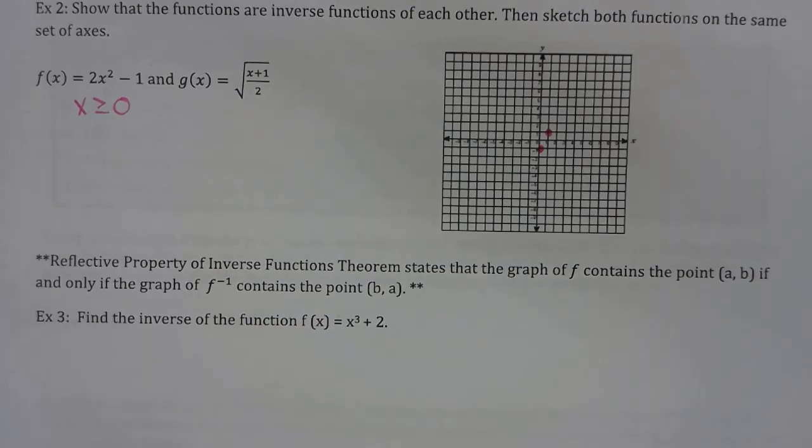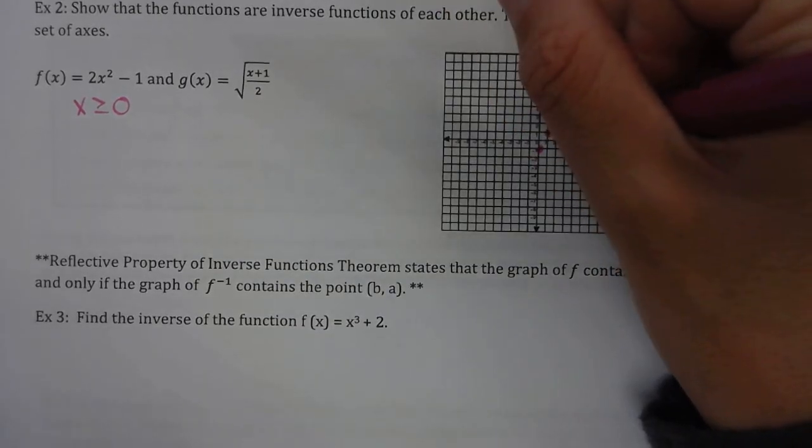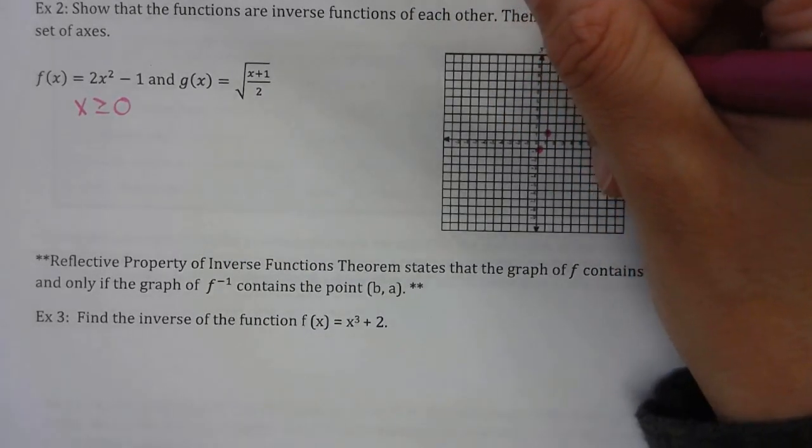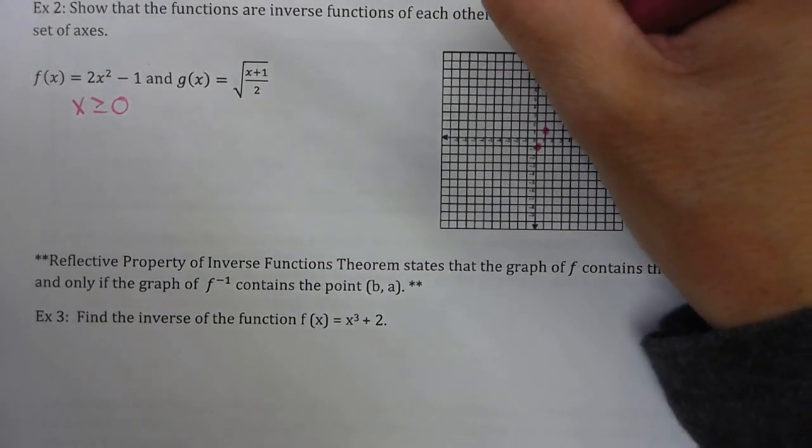At 2, it's going to go up instead of by 4, by 8, because it's being stretched or doubled. So instead of being at (2, 4), it's being stretched to 8, but down 1, so we're at 7.